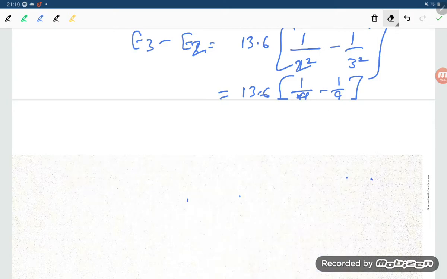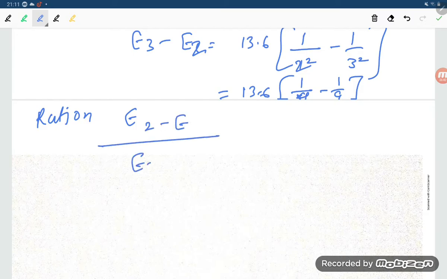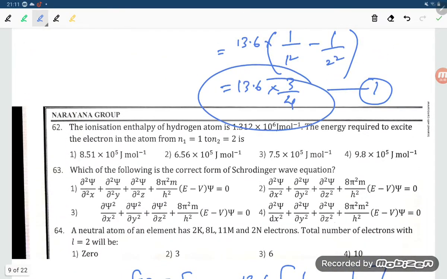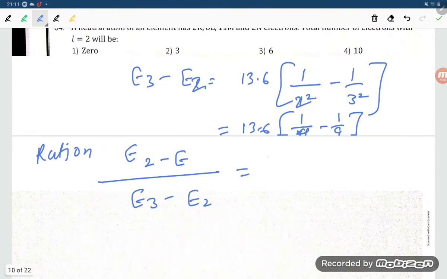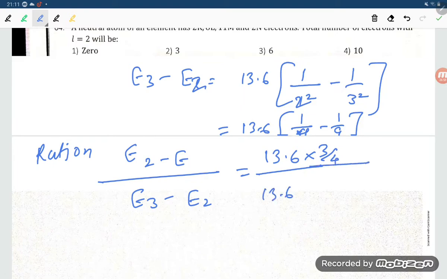Okay, so you have to do nothing, student. We have to put in the values. So here I am writing the ratio. The ratio is E2 minus E1 upon E3 minus E2. So E2 minus E1 we got here, 13.6 into 3 by 4. And for this one, we get 13.6 into 9 minus 4, that is 5 upon 36.